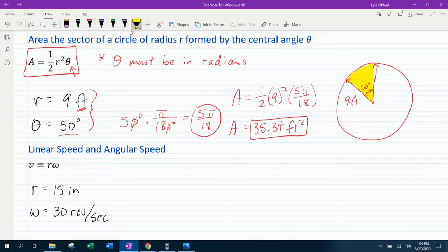And since I like talking about pizza, the application for this could be pizza. Let's say that you have a slice of pizza, you know the radius of that slice, and you know the central angle. You can use this formula to calculate how much cheese is on that slice of pizza. Or if you were going to cover it with marinara, how much marinara it was going to take to cover that. So that's the area of the sector of the circle.